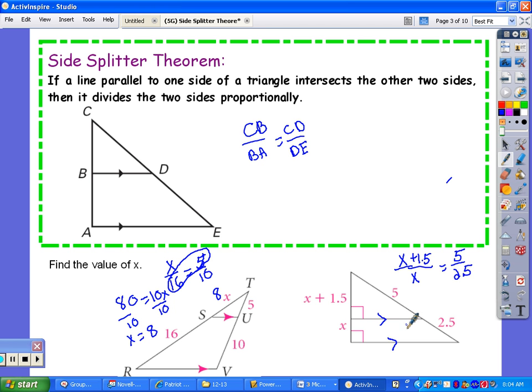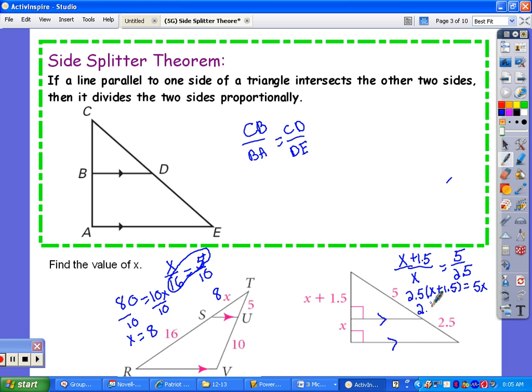So this one is a little bit harder to figure out in your head. So as a result, we're going to cross multiply in order to find our answer. So when we cross multiply, we have 2.5 times the quantity x plus 1.5, we have to multiply it by both parts, is equal to 5x. And then we need to distribute the 2.5 because we're multiplying it by both terms.